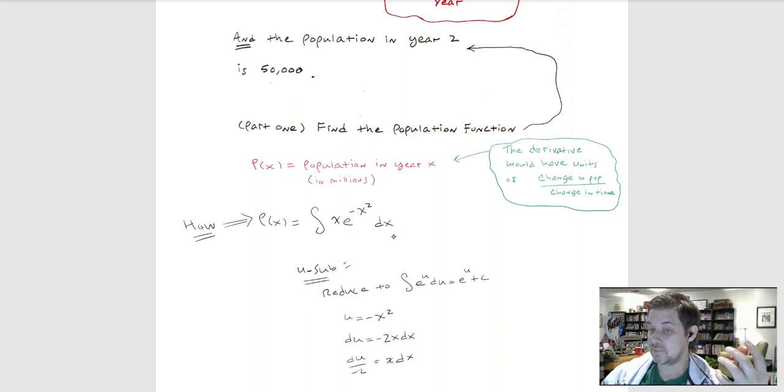The goal with the substitution is to take the variable you start with, x, and substitute all the x's and the dx in terms of this new variable u. We then solve the problem in terms of a basic formula and the variable u.